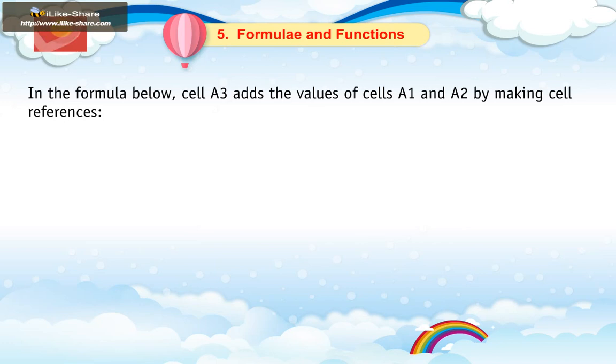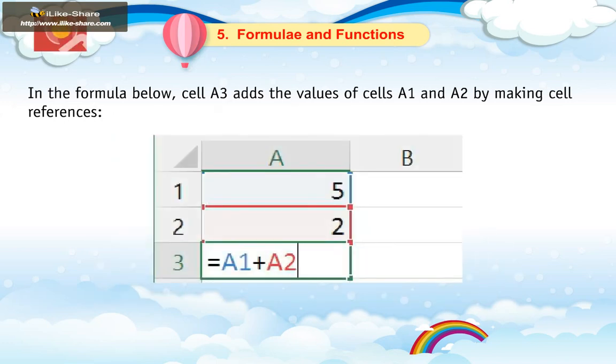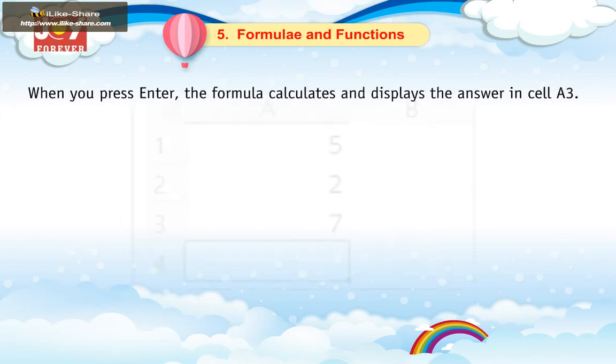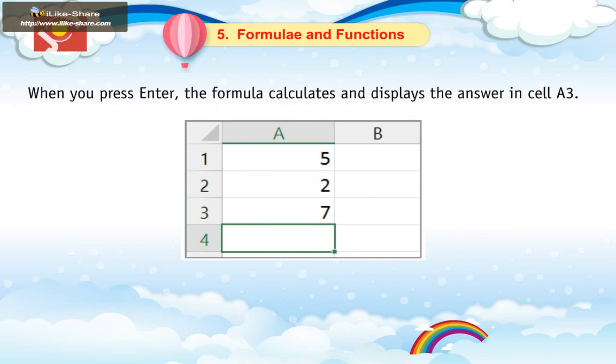In the formula below, cell A3 adds the value of cells A1 and A2 by making cell references. When you press Enter, the formula calculates and displays the answer in cell A3.